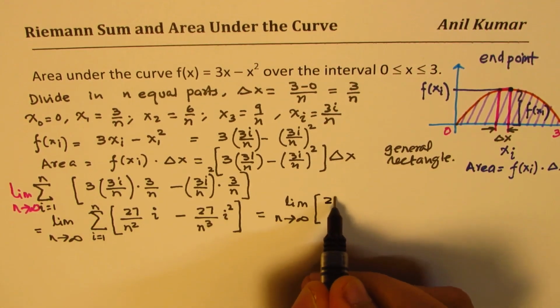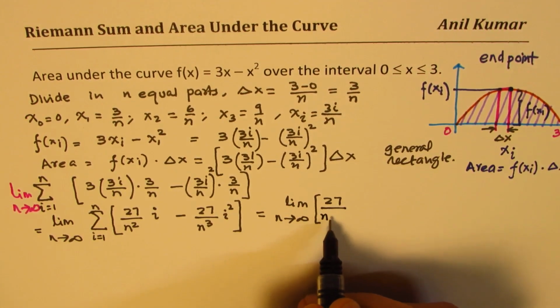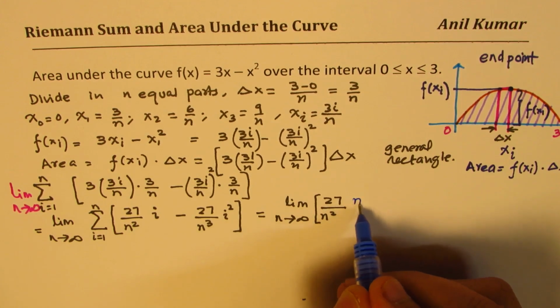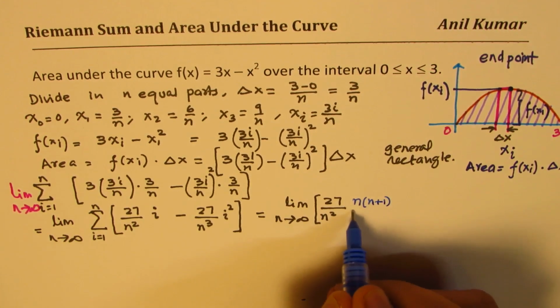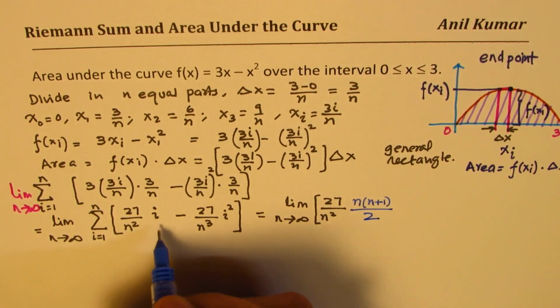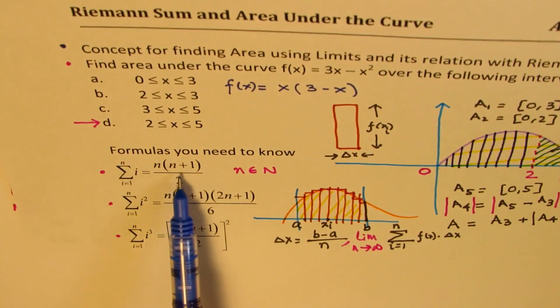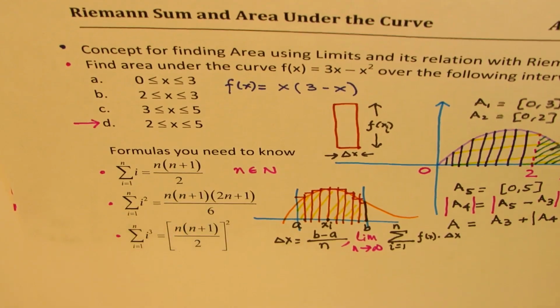So we get 27 over n square, and the formula for i is what? N times n plus 1 over 2. Now this is the formula for this, correct? Which we shared with you right in the very beginning. So you definitely need to know these formulas to further move on. This is for sum of natural numbers, that is for sum of squares. Clear?